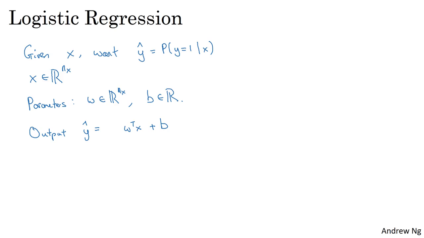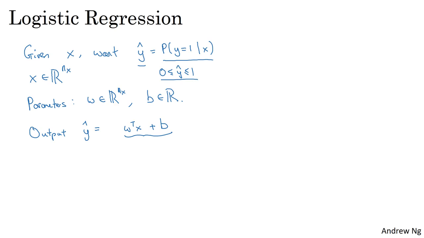But this isn't a very good algorithm for binary classification because you want y hat to be the chance that y is equal to 1. So y hat should really be between 0 and 1. And it's difficult to enforce that because w transpose x plus b can be much bigger than 1 or it can even be negative, which doesn't make sense for a probability that you want to be between 0 and 1.